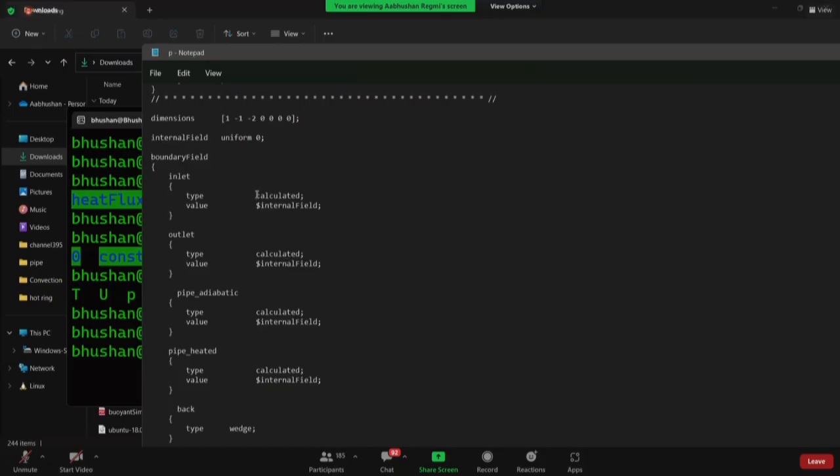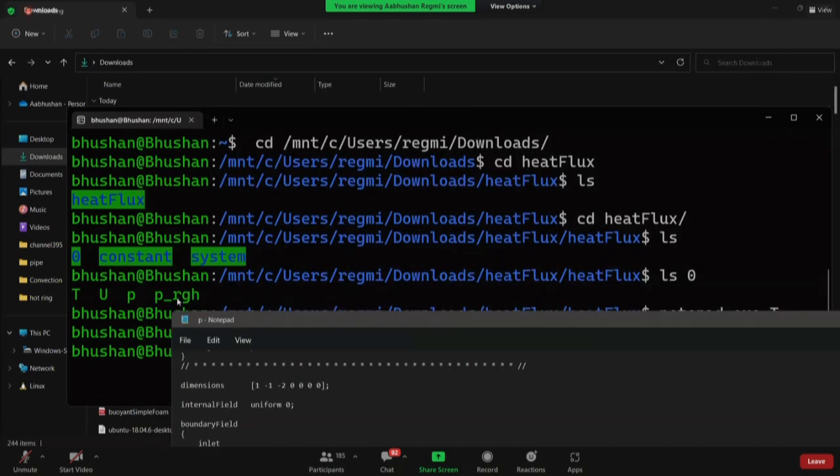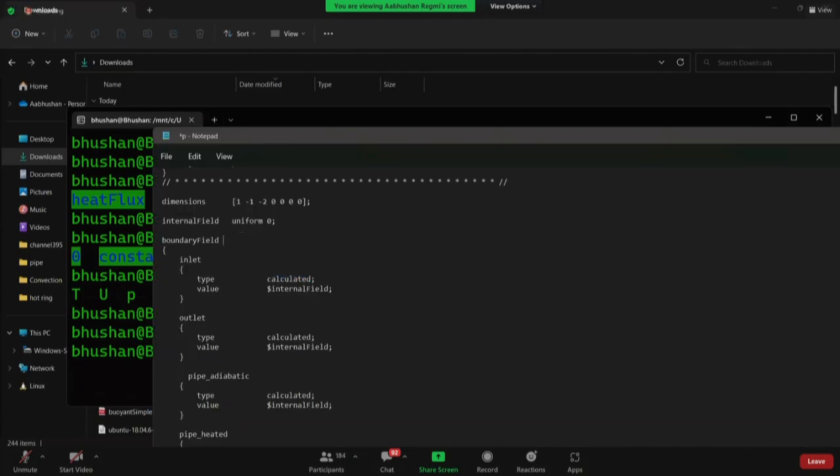So the pressure p is being calculated based on the p_rgh value that is actually solved in our equation. I said, right, p_rgh equals p minus rho times g times h. So p_rgh equals p minus rho times g times h.